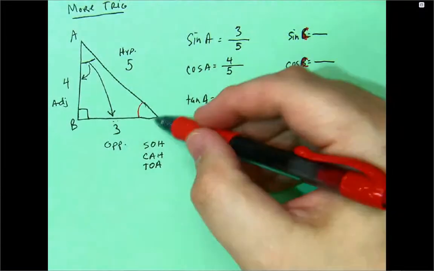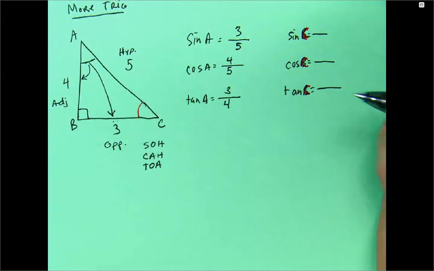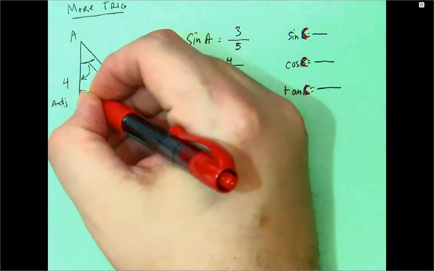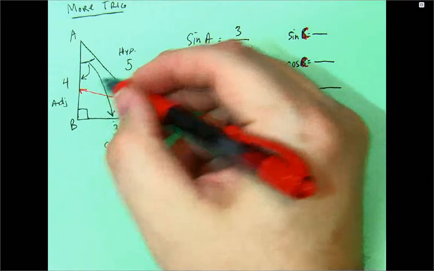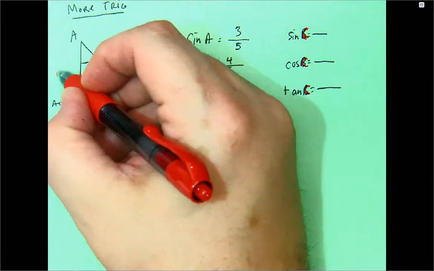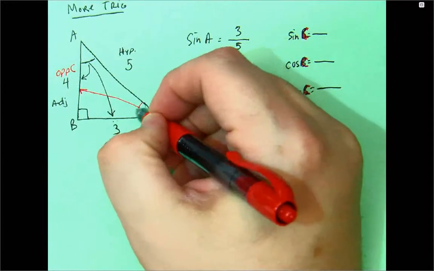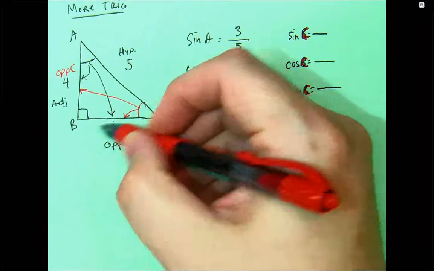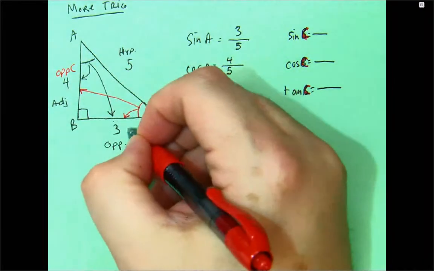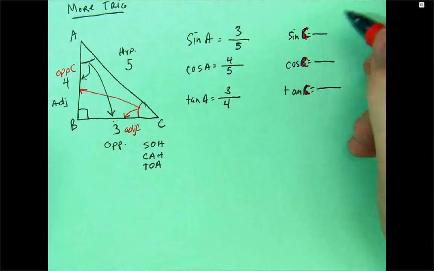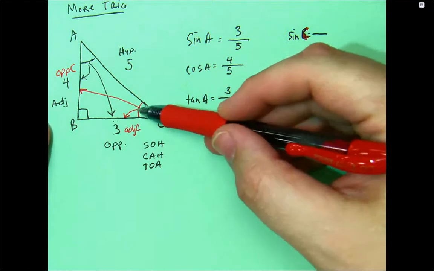If we're talking about angle C here, this is now opposite of angle C. And what would this side be? Adjacent side for angle C. So my sine is still opposite over hypotenuse, but for angle C, what's the opposite side?